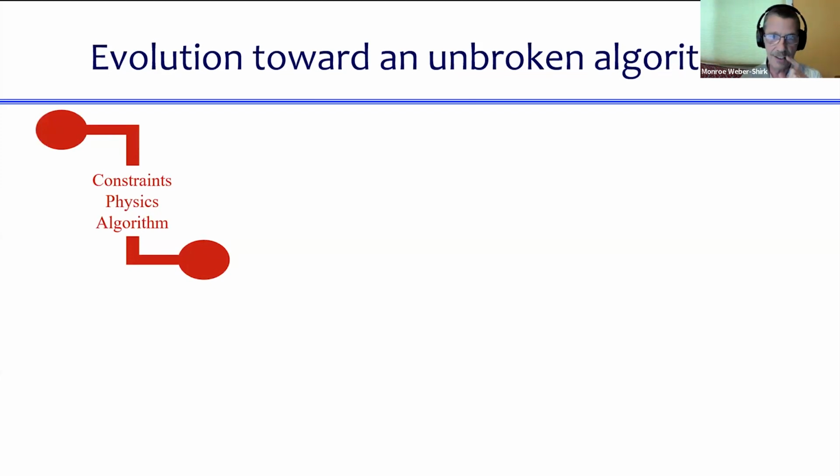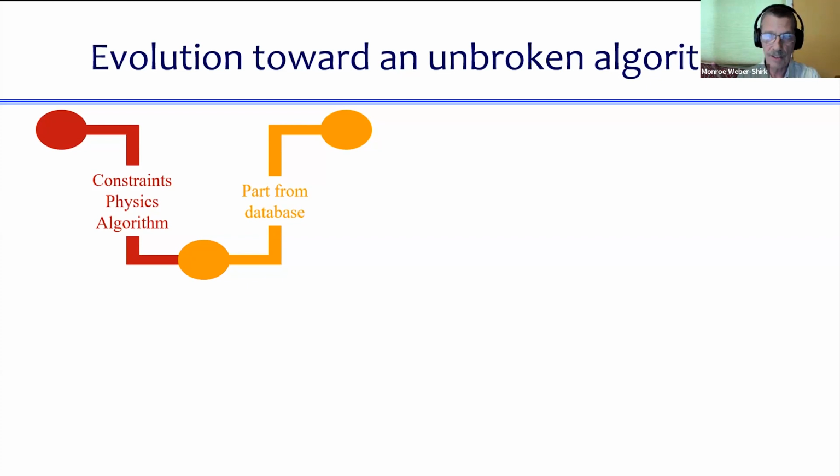And there's a lot of pieces to this. So the first part is we need to start from constraints for our design, the physics that govern how the design must work, and then turn that into an algorithm that we then use to drive the next steps of the design.